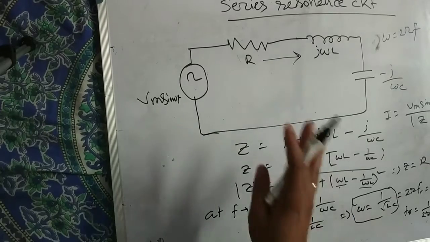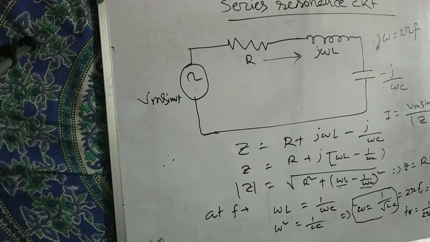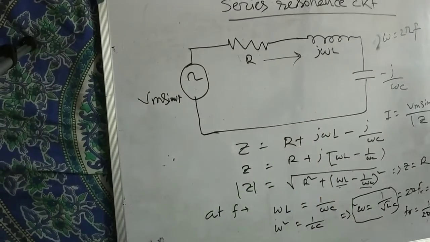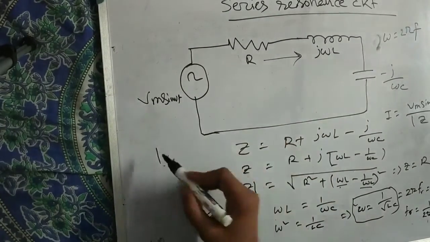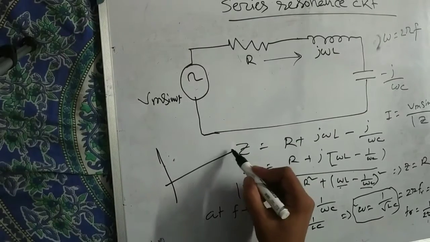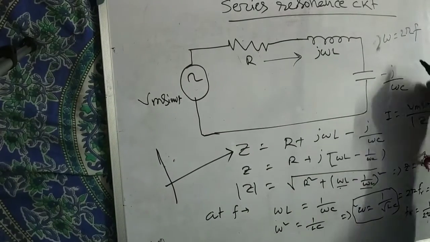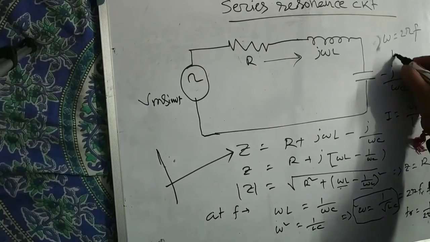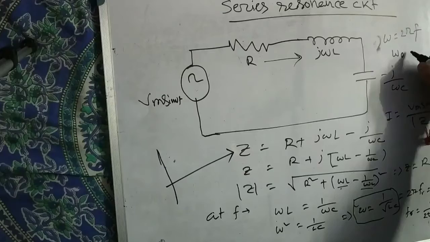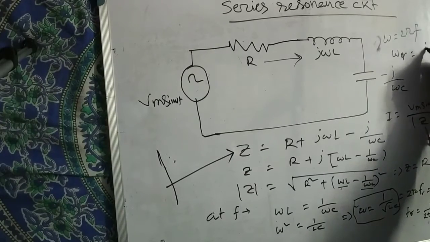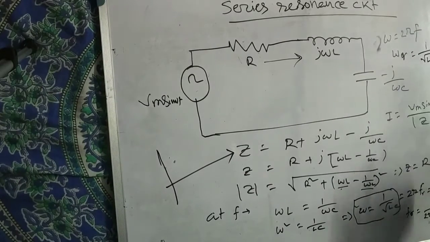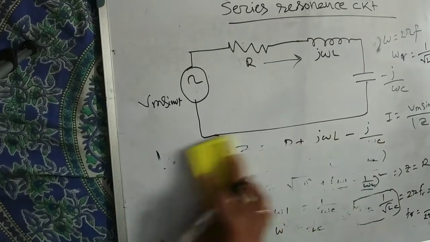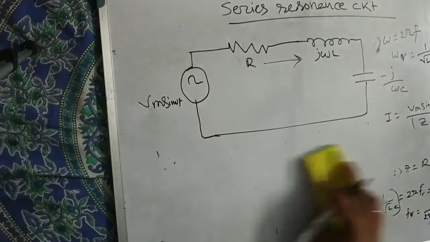Resistive load means, we have already studied, in a resistive load the power factor will be 1. So let me write, from this derivation we are getting the resonance frequency, omega R equal to 1 by root over LC. This is the derivation. Now let me draw the phasor diagram.